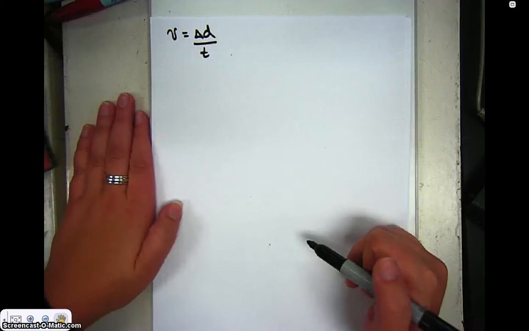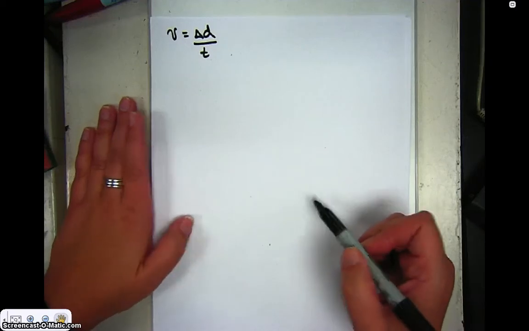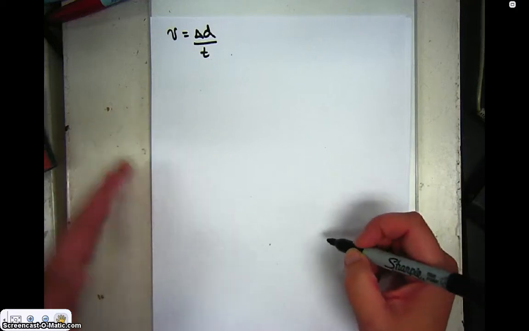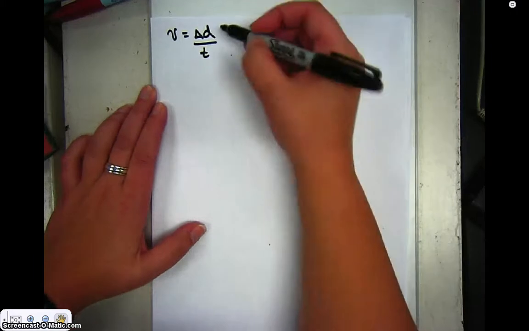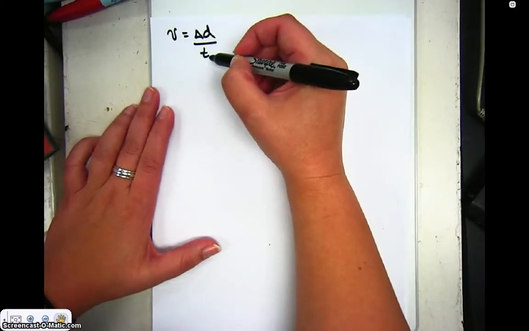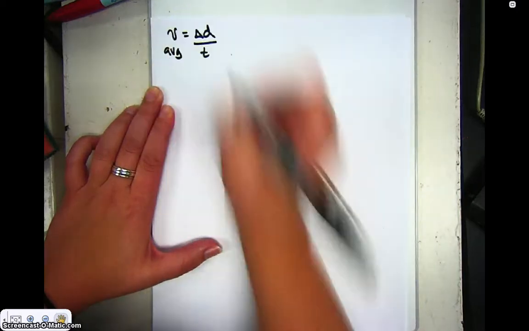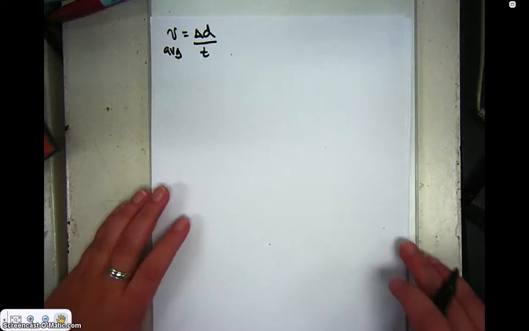As you drive, if we were able to drive straight, that direct line from Asheville to Seattle, in our car we might have to stop at stoplights, we might go 100 miles per hour, then we go 50 miles per hour. So if we take the entire change in displacement divided by the time that it takes, we're actually getting the v average, or the average velocity that we were traveling.